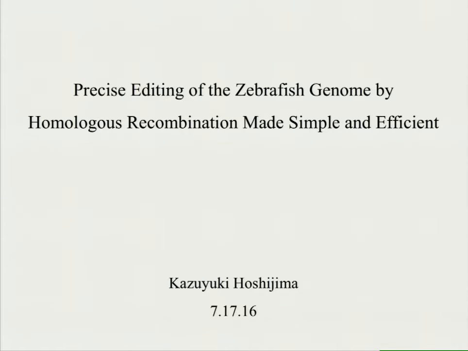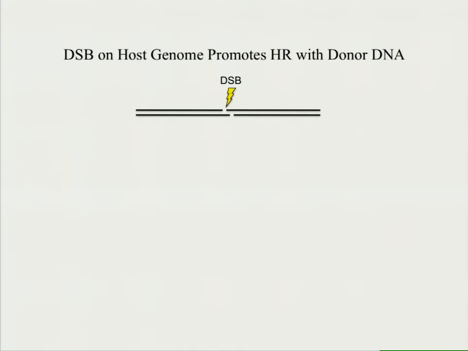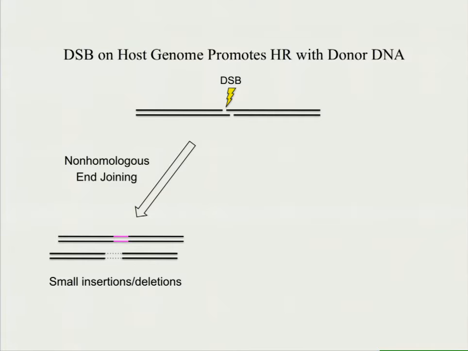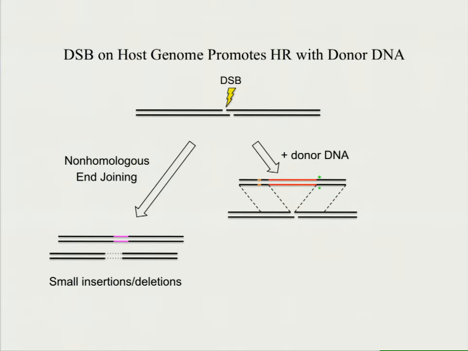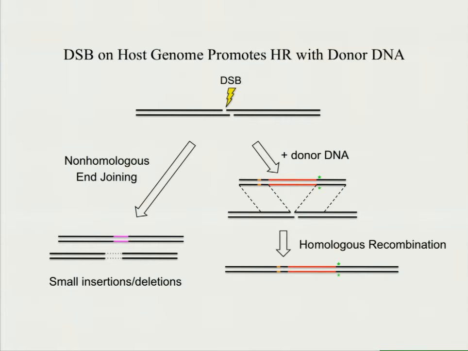Thank you to the organizers for providing me the opportunity to talk about recent progress on the precise editing of the zebrafish genome. Okay. So a double-strand break introduced by TALEN or CRISPR typically induces indel mutations by non-homologous end joining. However, in the presence of donor DNA, it can promote homologous recombination between the donor DNA and the host genome.